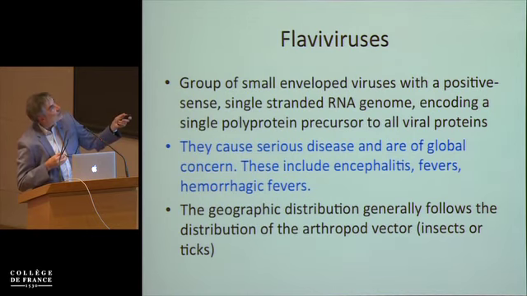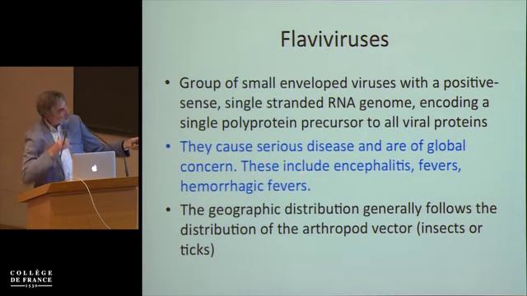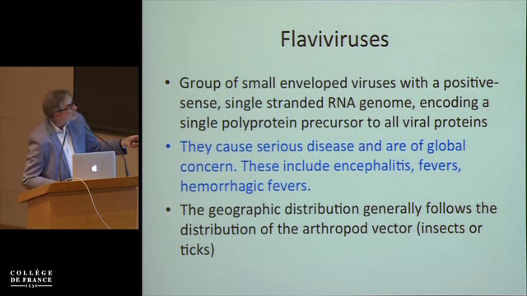So just to summarize, flaviviruses are a group of small enveloped viruses with a plus-sense RNA genome, this single-stranded RNA genome, which encodes a single polyprotein that is the precursor to all of these proteins, and they cause diseases that are of global concern, as I just said, and the geographic distribution generally follows the distribution of the arthropod vector.